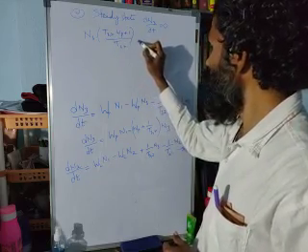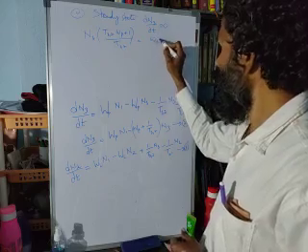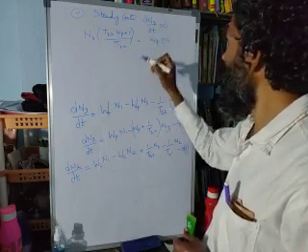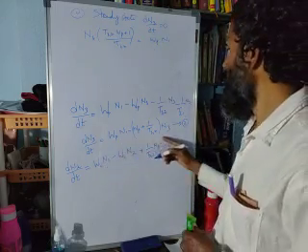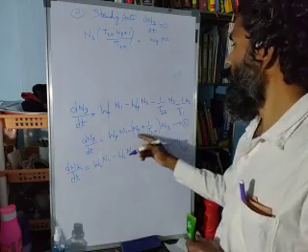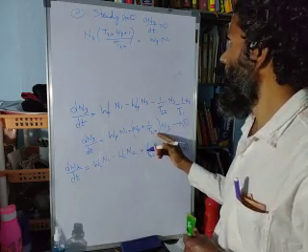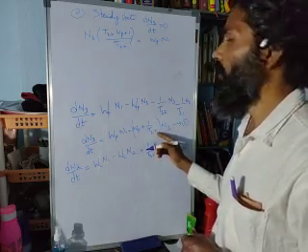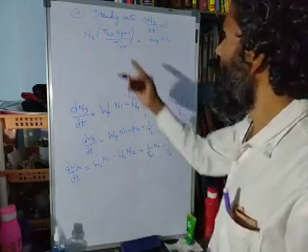This entire thing should be equal to wp into n1. So if you put this equal to 0 and take the least common factor, LCM, t32, then you will get this.